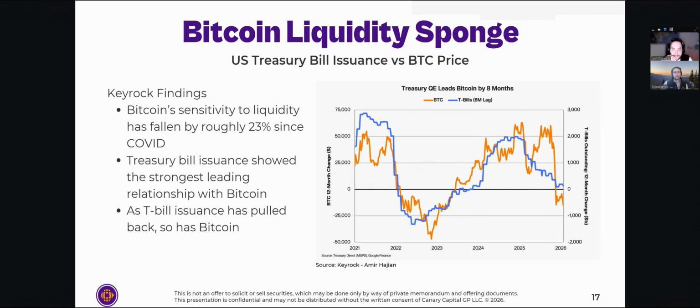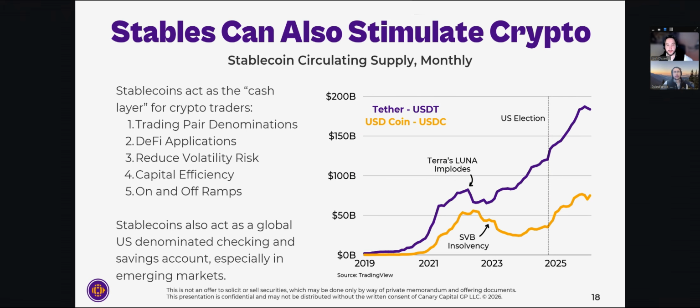But as T-bills have withdrawn a little bit on issuance, it goes both ways, right? When you have a clear, okay, we're ready to go, it works. But as things chop out, your signal gets weaker and it's harder to tell.